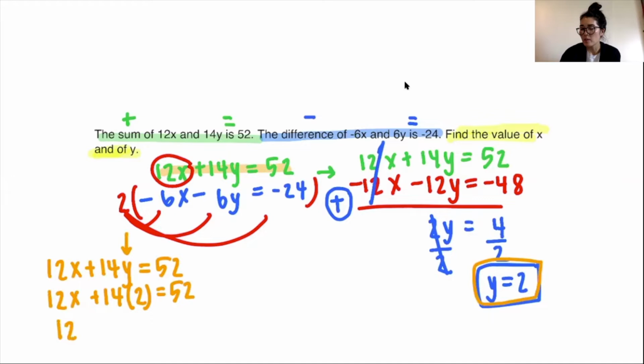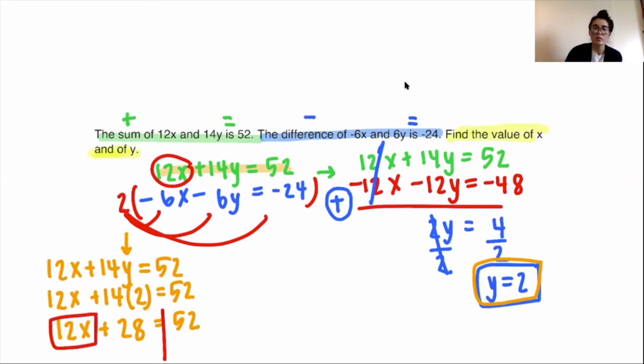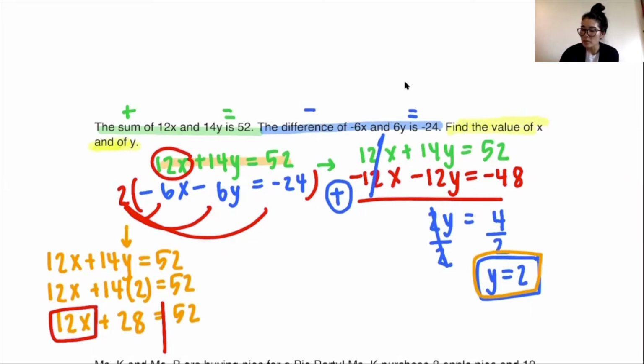This is going to become 12x plus 28 is equal to 52. All right, and then you guys are going to go ahead and solve. And what happens is it becomes that 2-step equation. Our goal here is going to be to isolate x. So you would subtract 28 from both sides.